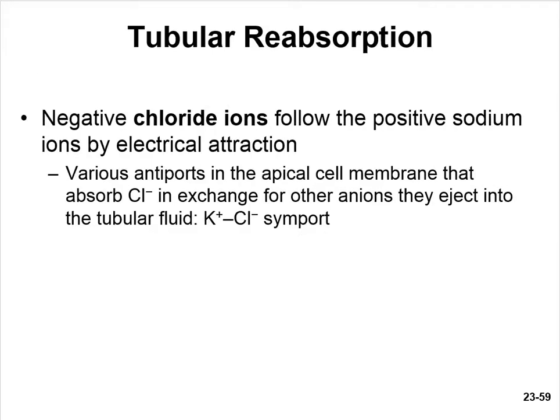The negative chloride ions follow the positive sodium ions just by electrical attraction, opposites attract. And various antiports in the apical cell membrane absorb chloride in exchange for other anions that they eject into the tubular fluid, and there is also a potassium chloride symport.